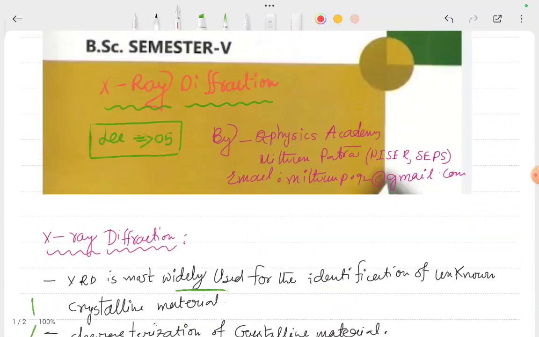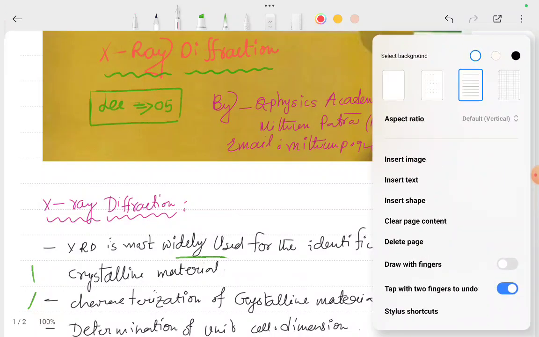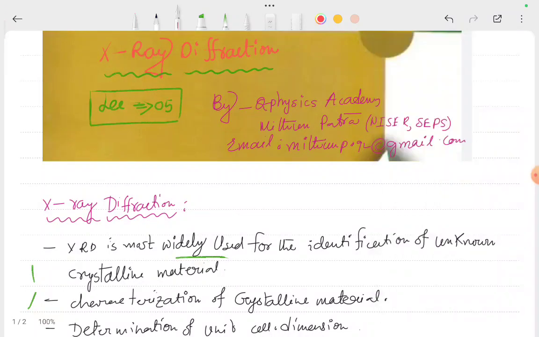So X-ray diffraction is nothing but, just write here, what is the meaning of X-ray diffraction.